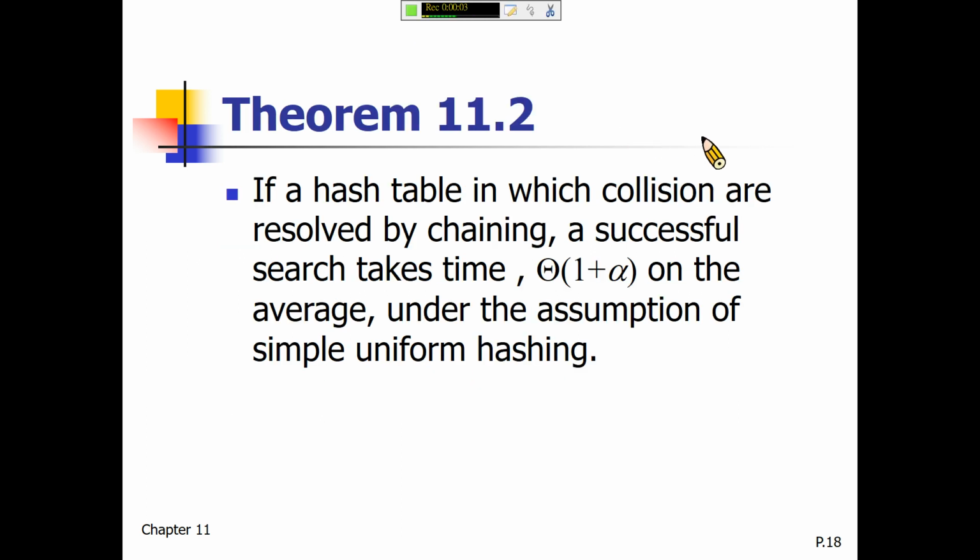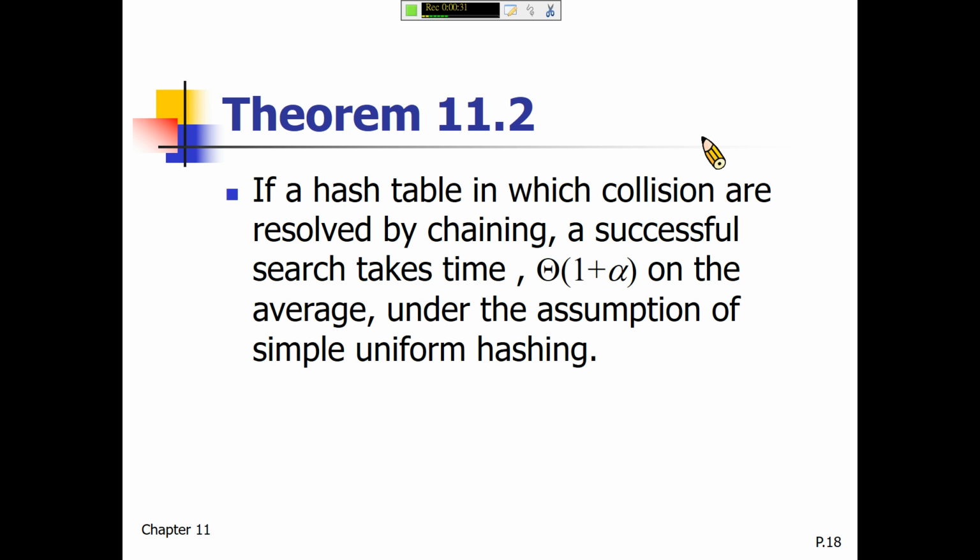The situation for a successful search is slightly different, since each list is not equally likely to be searched. Instead, the probability that a list is searched is proportional to the number of elements it contains. Nonetheless, the expected search time still turns out to be Theta(1 + alpha).